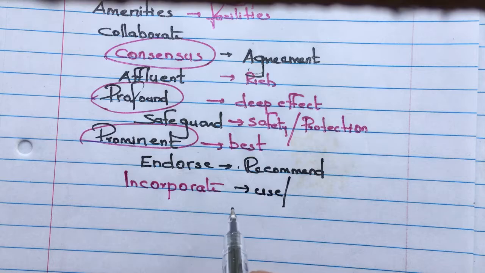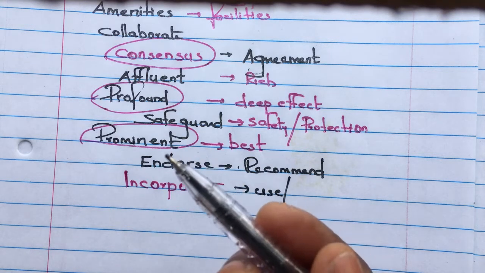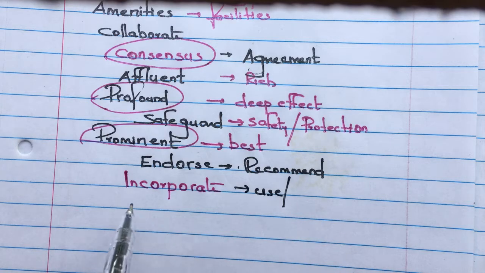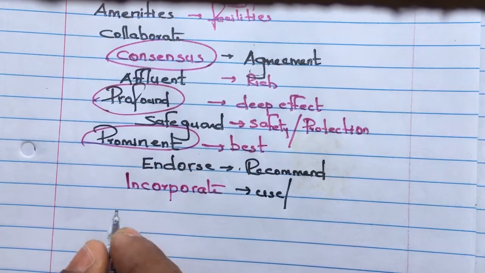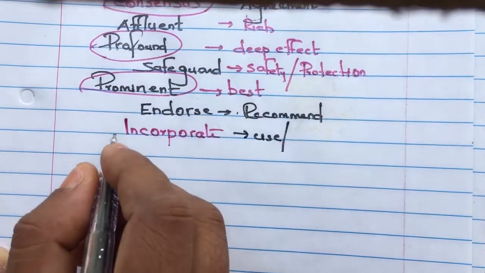Okay, add your examples here and practice using this vocabulary. So incorporate means use. Next time, use incorporate. Okay, and then another wonderful vocabulary, it is squander.